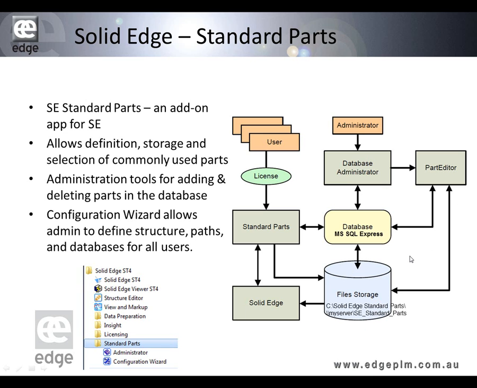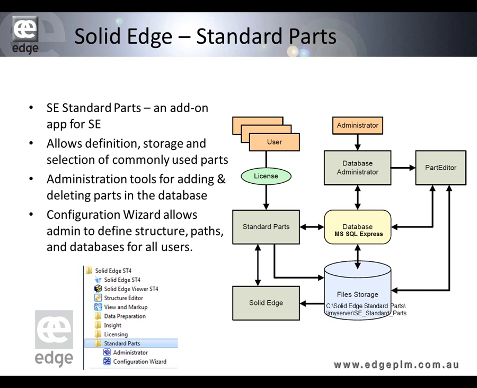Now, what we've got to realize, and I'll show you in another couple of slides, is that in the standard parts set there's hundreds upon hundreds of thousands of nuts, bolts, screws, washers, and those sorts of things. We don't put all of those on disk in one hit.